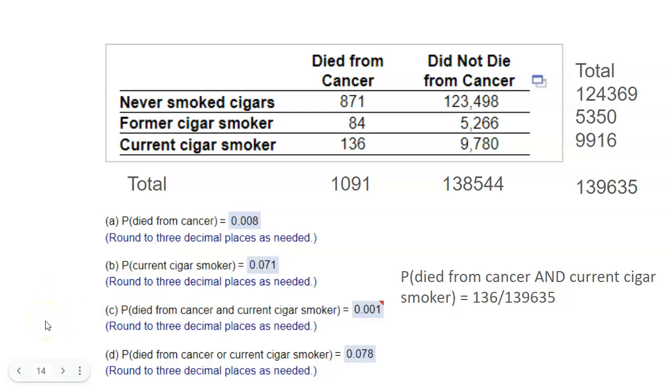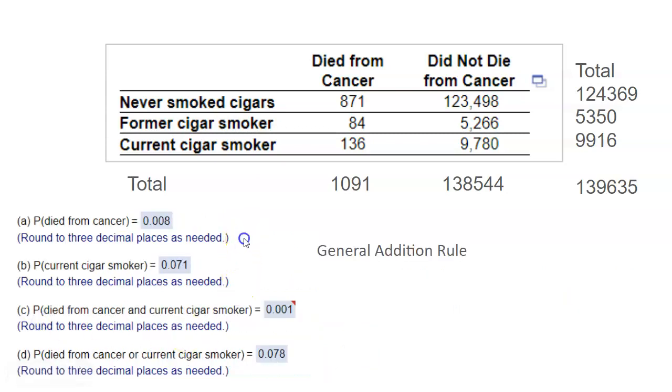The last one is asking about an OR probability. So since the last one's asking for OR, died from cancer or current cigar smoker, we can use the general addition rule.